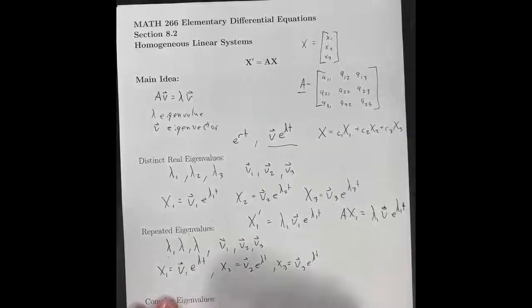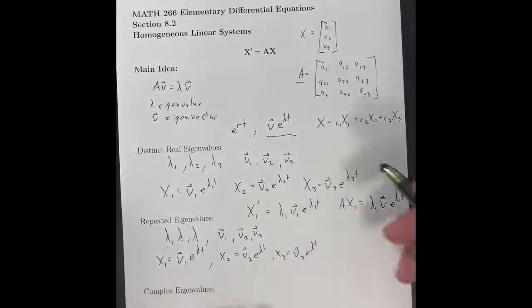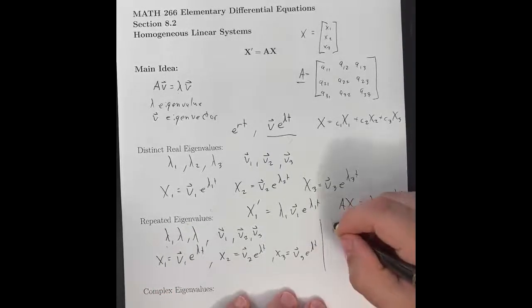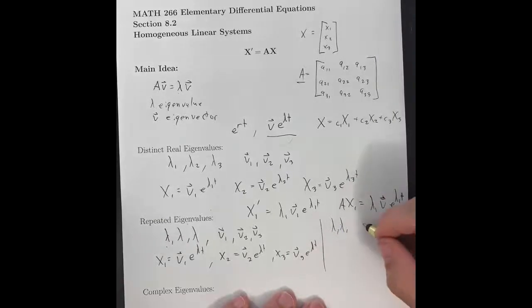The other possibility is that we have a repeated eigenvalue and we can only find a single eigenvector. So what happens here? We have lambda repeated multiple times, say twice, and we only have one eigenvector v.